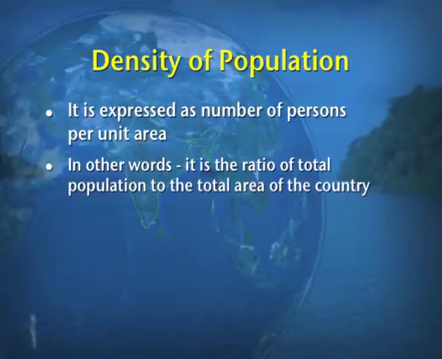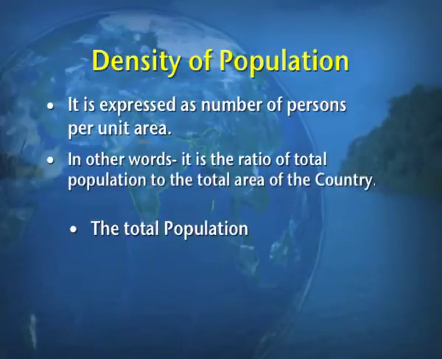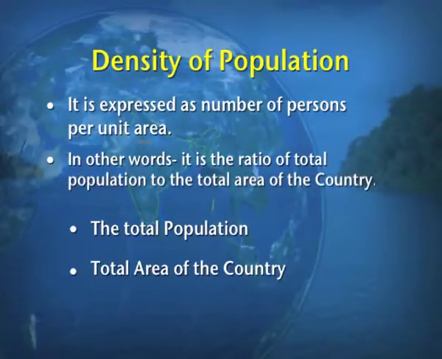So, mind children, we are taking up two terms, the total population and the total area of the country. So, how do we count the density of population? The formula is the total population of the country divided by the total area of the country. With this we get the density of population.